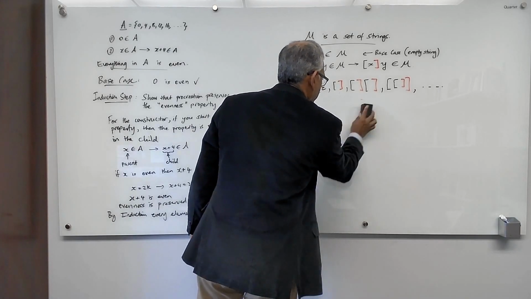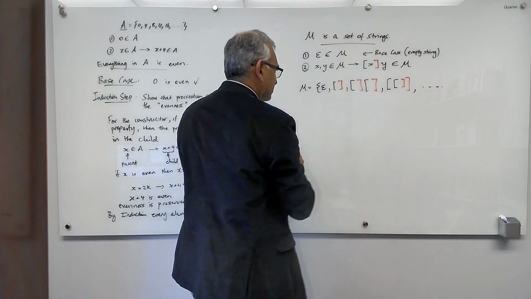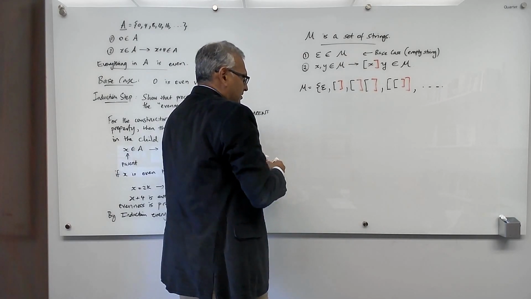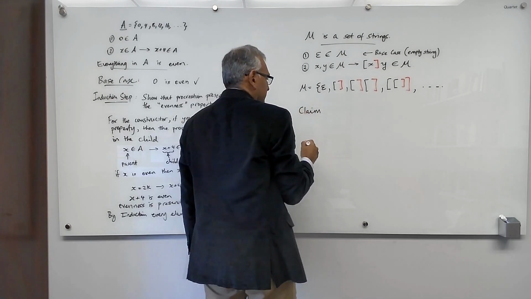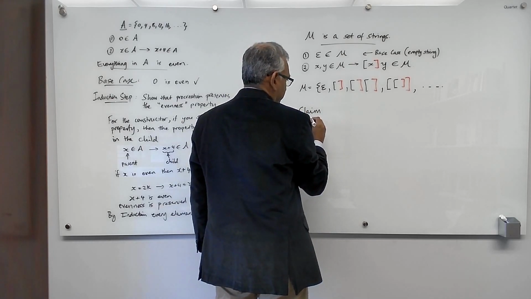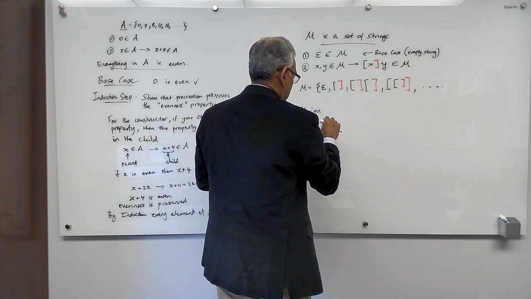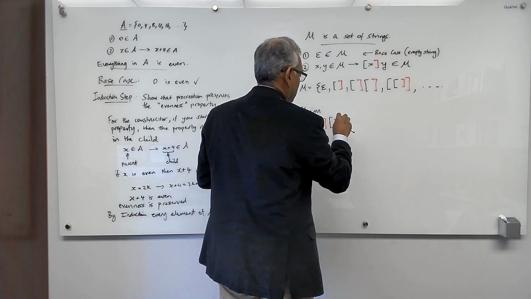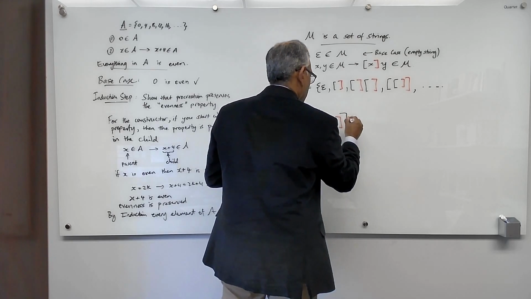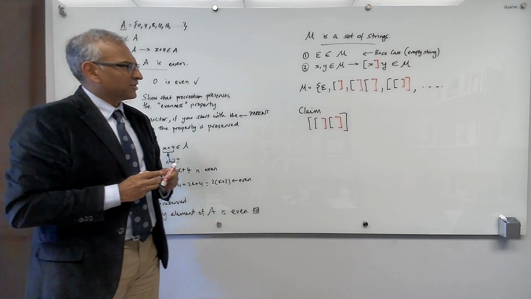I claim, for example, that the following string is in here: open, close, open, close. So what's the derivation?